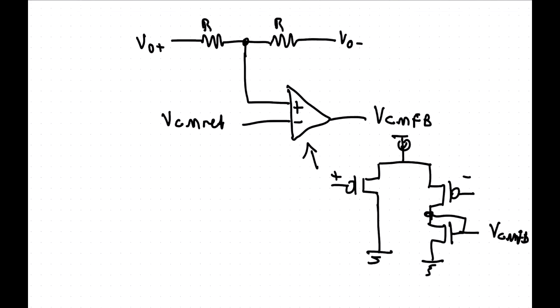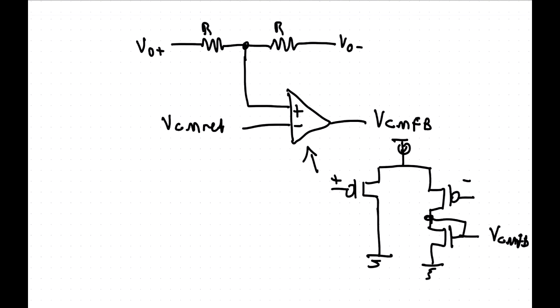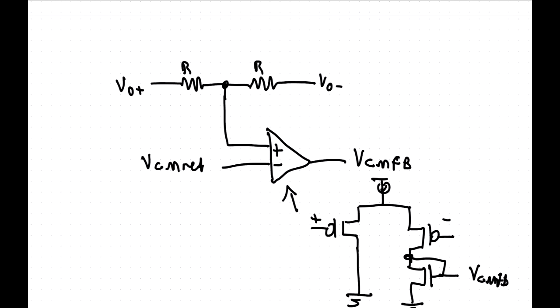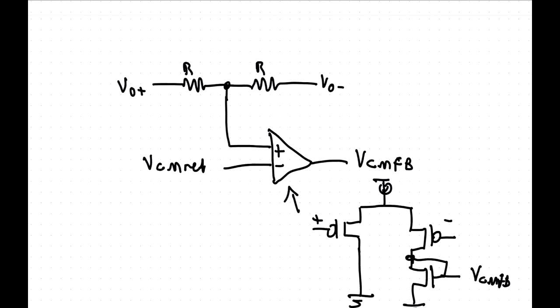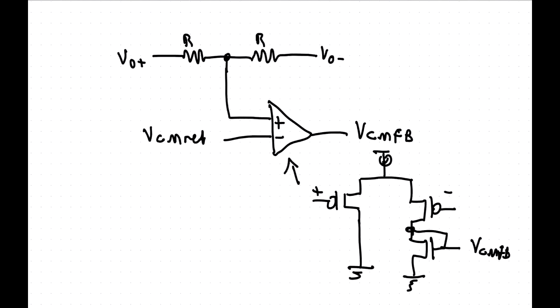So I will put in space on this page. Sorry, I've got to move this down a little bit. Okay. All right. So I put in a voltage follower by squeezing it in here.